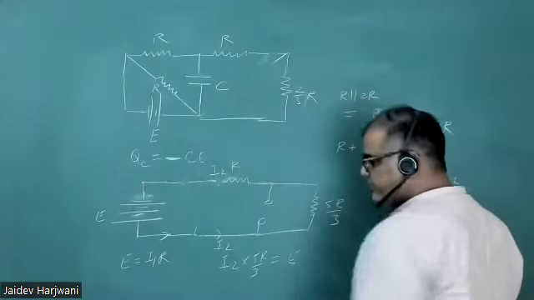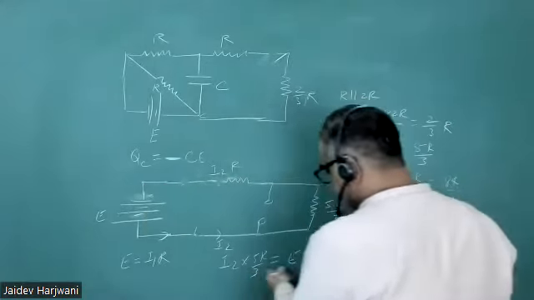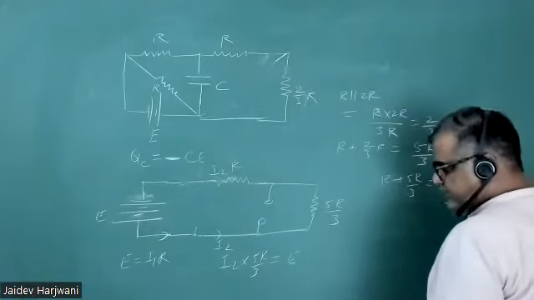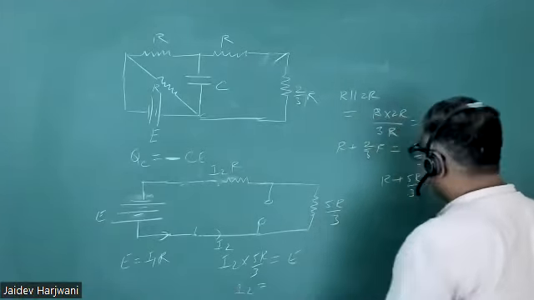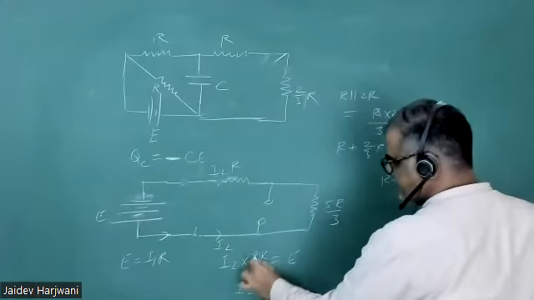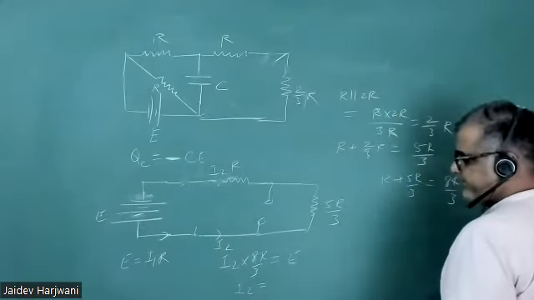So if you want, you can remove this one. Now this is your relation from here: 8R/3.